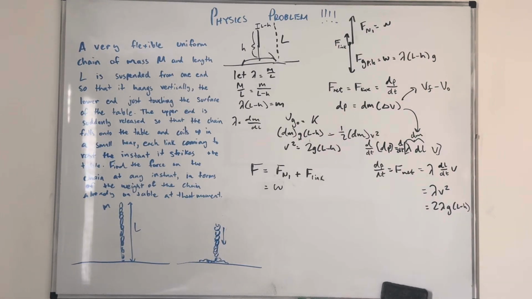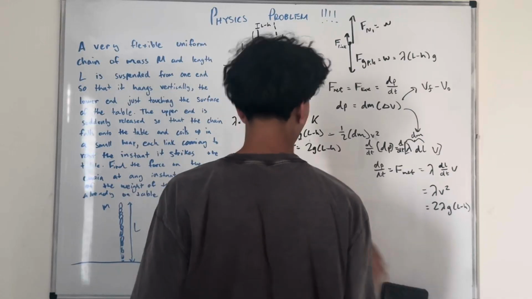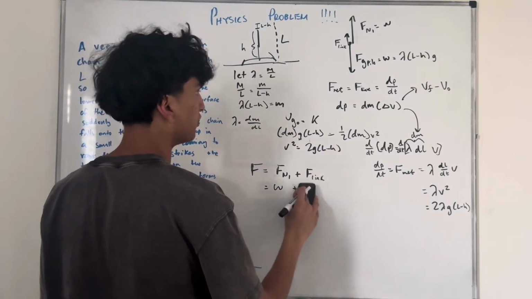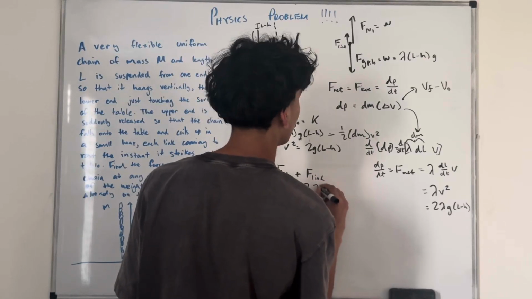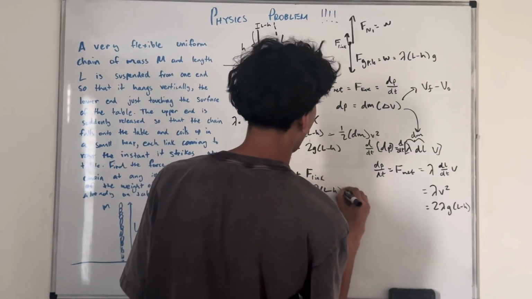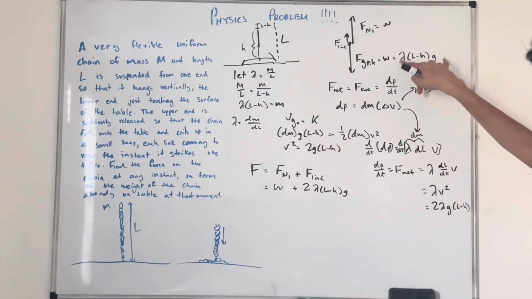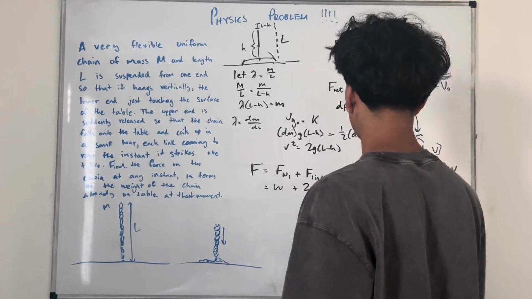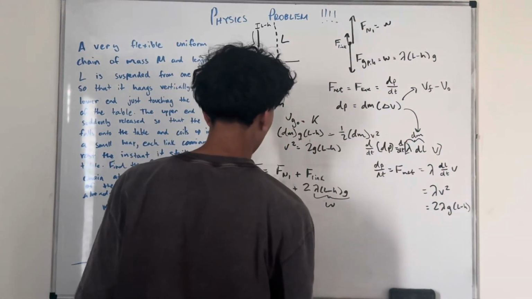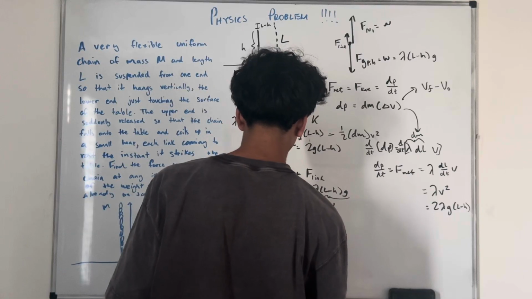And then the F link is going to be this stuff, 2 lambda g, or let's rearrange this to 2 lambda (L minus h) g, and you might see where this is going. This is just equal to the weight of the pile, W. So in the end, I get W plus 2W, which ends up being 3W.